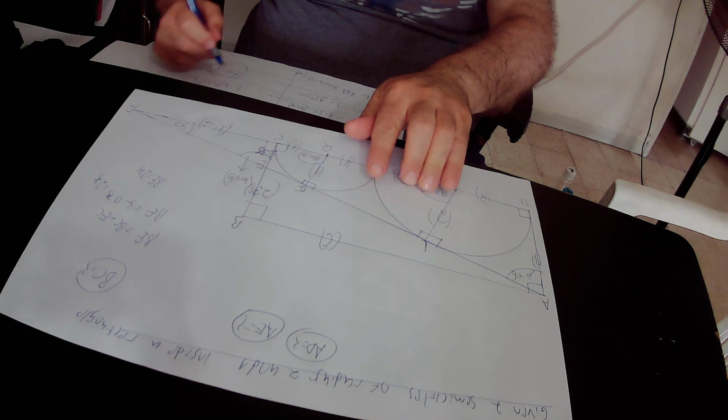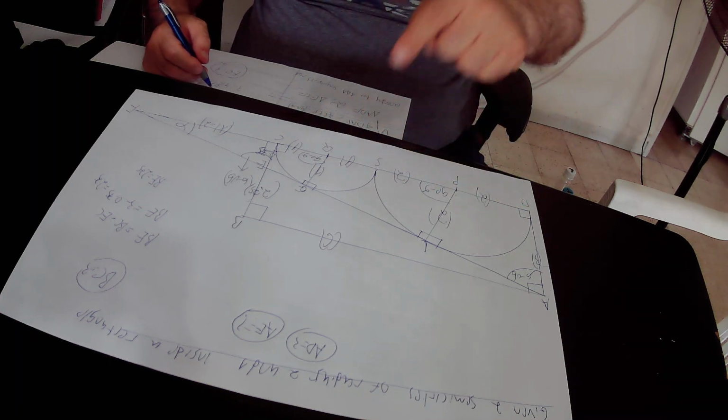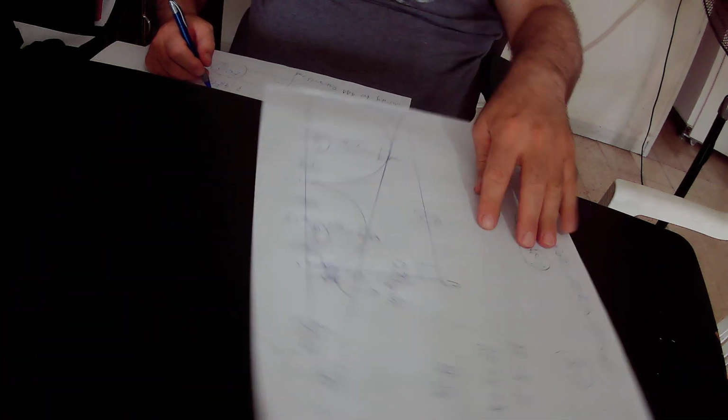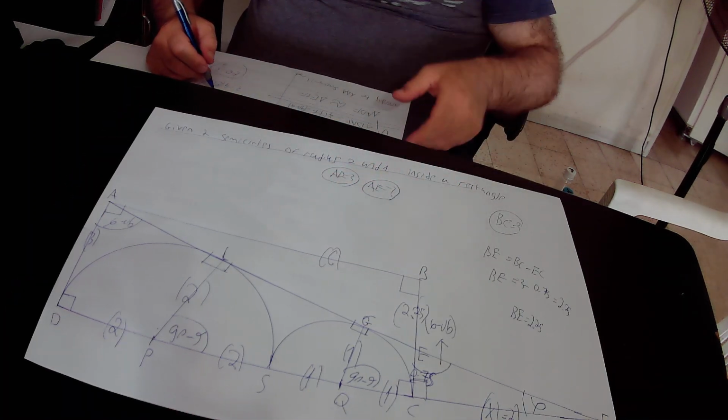In the next step, I'll copy the right triangle ABE in a new page and we'll implement the Pythagoras theorem on this right triangle, triangle ABE.